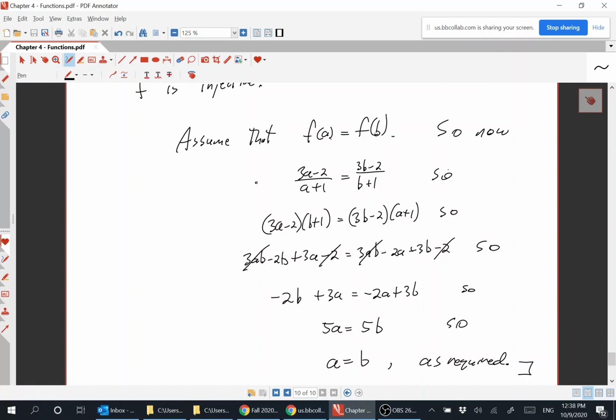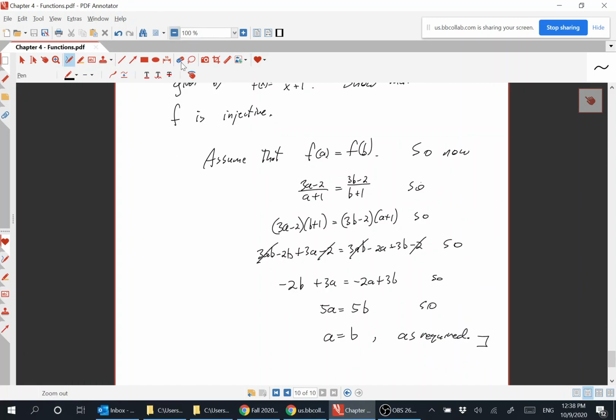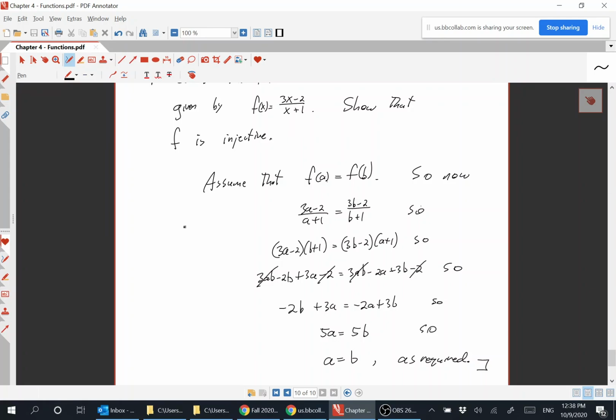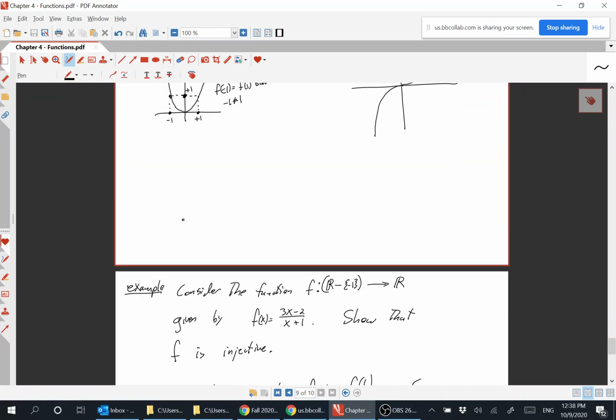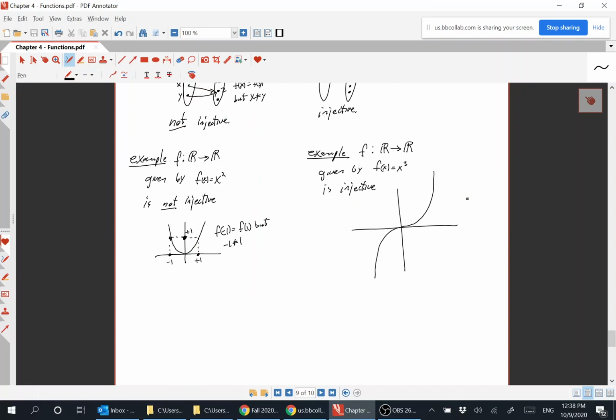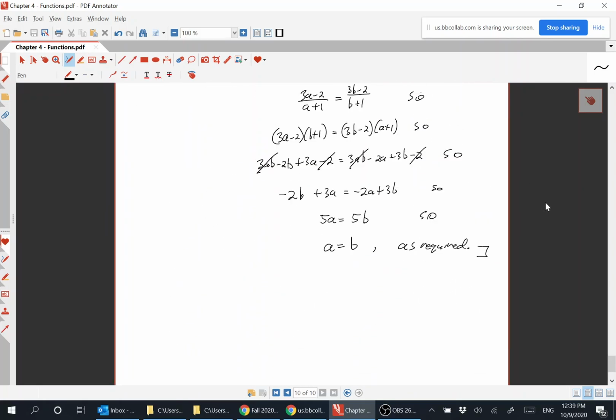What's another way to show that that's injective? Right? Why is f of x equal to x cubed injective? I mean, from the graph, why do you know that this function is injective from the graph? Because it passes the horizontal line test.